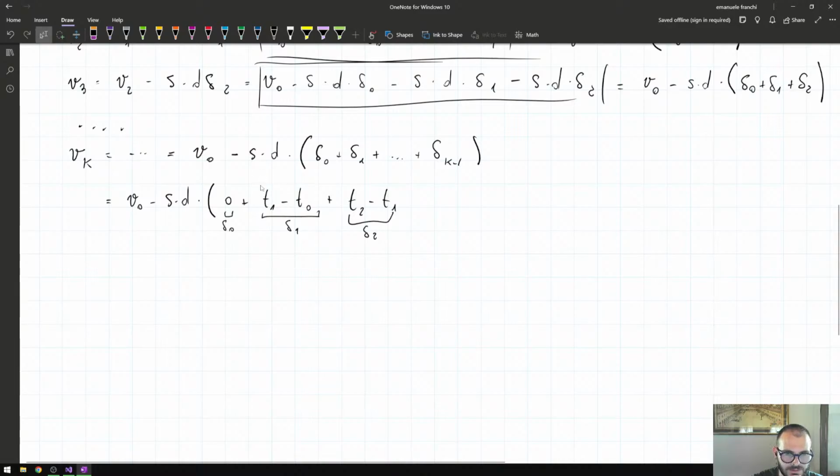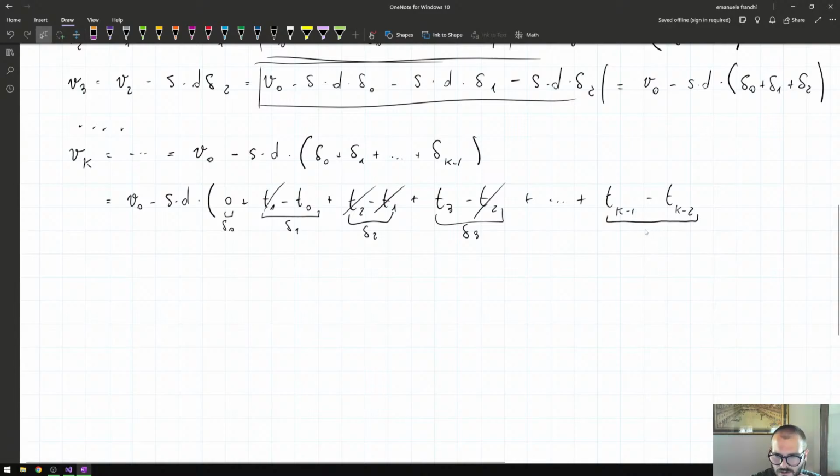This t1 cancels out with this t1. If we go with delta 3 it's t3 minus t2, and this t2 cancels with this t2, until you get to t k minus 1 minus t k minus 2.